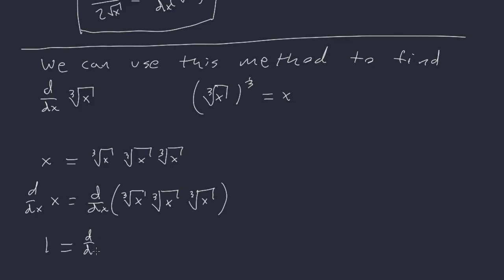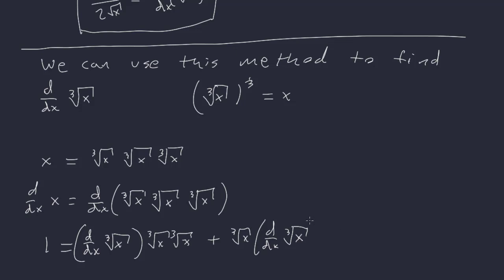It'll be the derivative of the first function times the next two left alone, plus the first function left alone times the derivative of the second function, and the third function left alone, and finally the first two functions left alone times the derivative of the third.